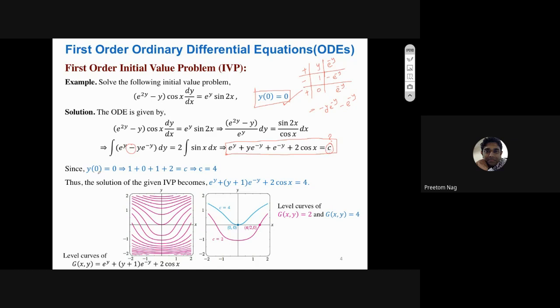So since y(0) equal to 0, which is given, we will apply this condition into these equations. Let's check again.